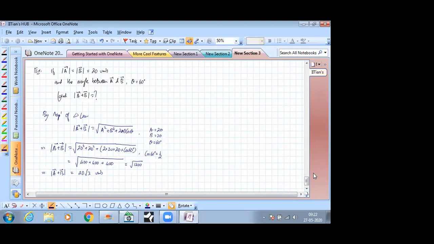Yes, Aman, that's correct. Anmol, Aman, Akshat, all of you got this correct. And yes, next step, you can approximate root 3 as 1.73, something like that, 1.732.